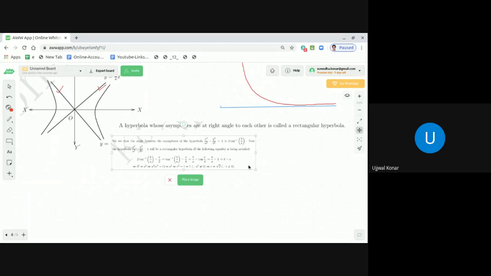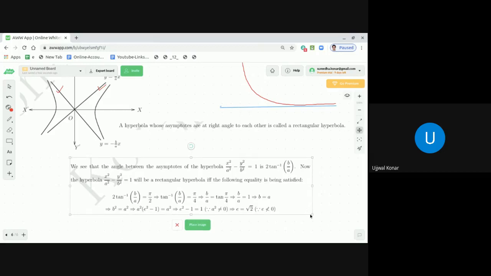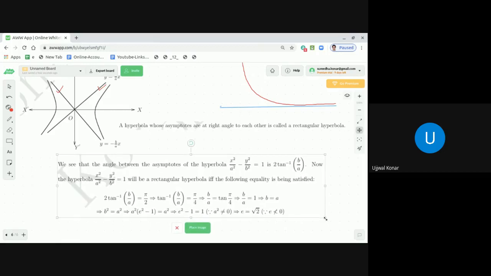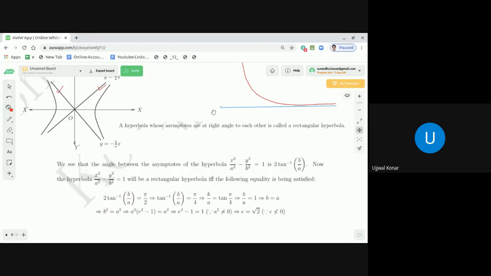If you look at these two asymptote equations and find the angle between them, you will find the angle as 2 tan inverse b by a. You know what is the angle between two straight lines having the slopes m1 and m2? It is tan inverse of m1 minus m2 by 1 plus m1 m2. Correct? No? So if theta is acute, then you take the mod value of that.